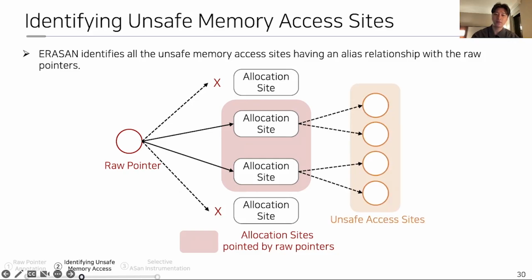From the identified allocation sites, we track all memory access sites and mark them as unsafe memory access sites which might have an alias relationship with raw pointers. This process enables us to find all memory access sites that can trigger memory bugs.